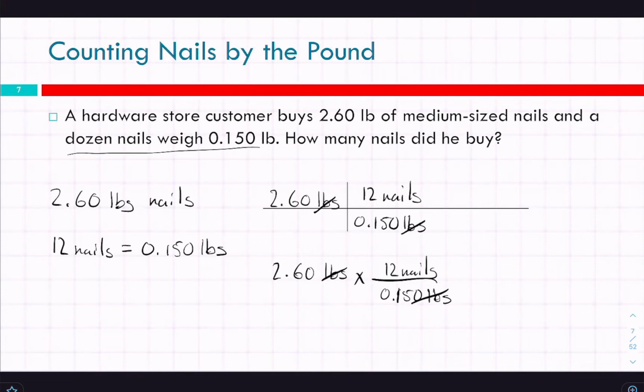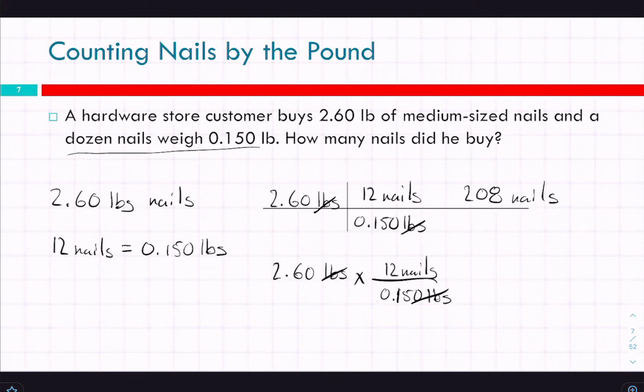So 2.60 times 12 divided by 0.150 is, calculators in scientific mode, 208 nails. Right.